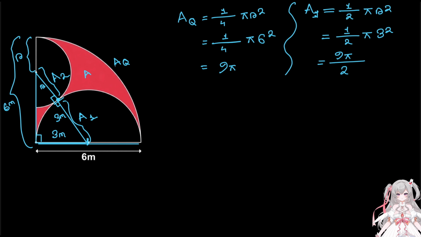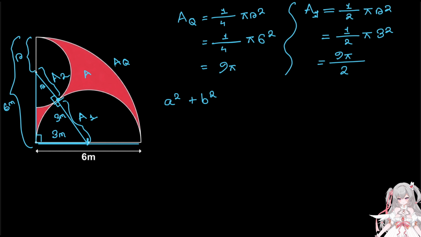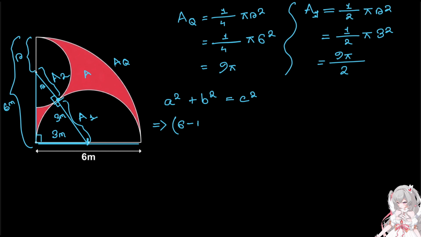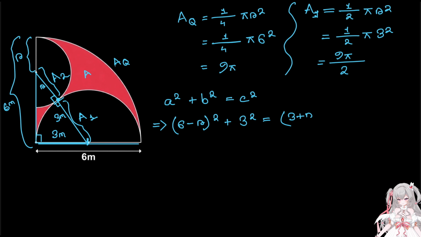Then using the Pythagoras theorem, which is a squared plus b squared is equal to c squared, we can set up that (6 minus r) whole squared plus 3 squared is equal to (3 plus r) whole squared.